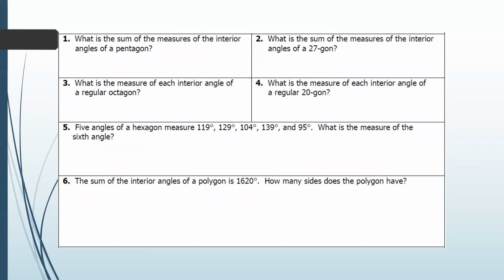All right, so what is the sum of the measures of the interior angles of a pentagon? All right, so you need to know that a pentagon has 5 sides, so n equals 5. Then you need to ask yourself, what equation am I going to use? Well, we want the sum of the measures of the interior angles.